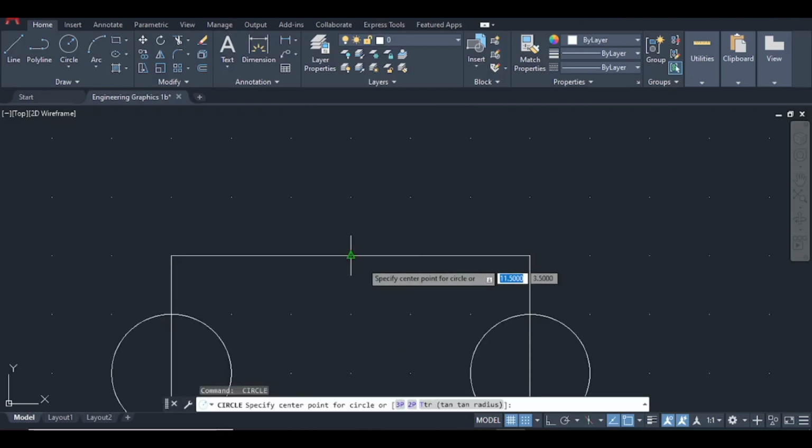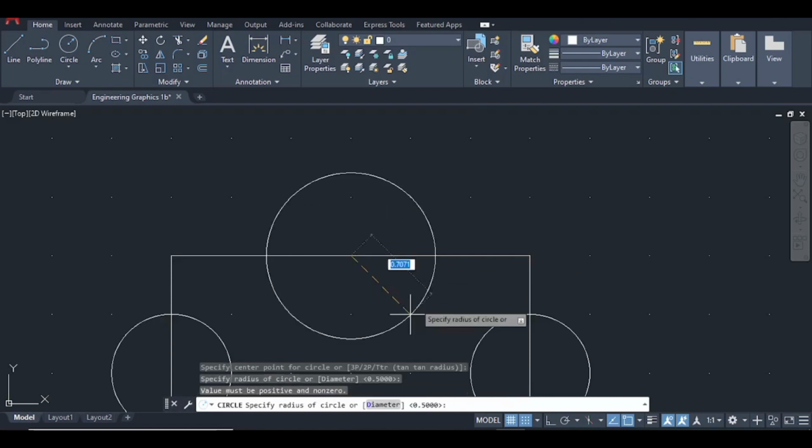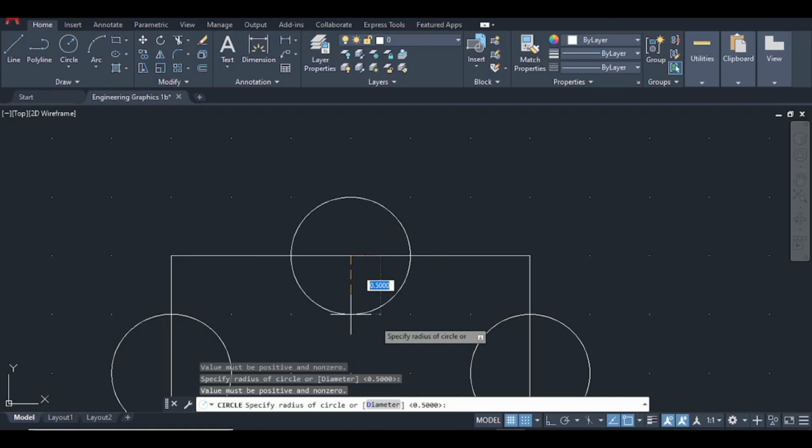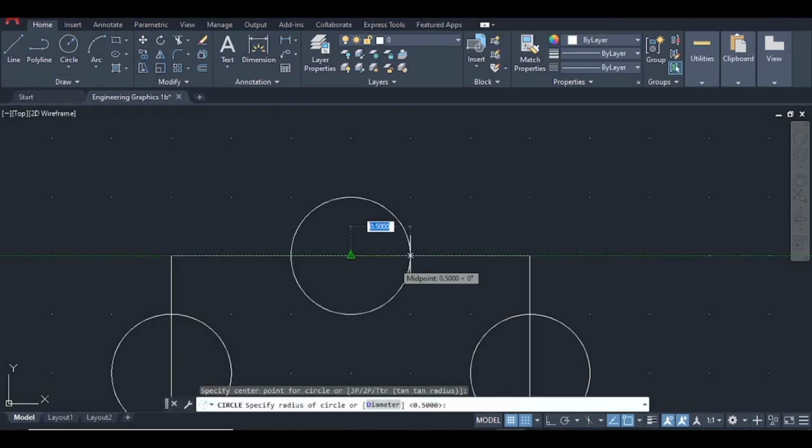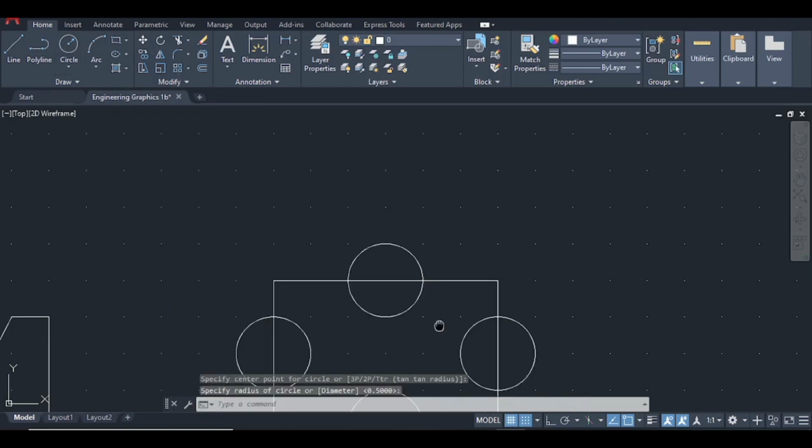Let's press spacebar to generate the circles. 0.5. It's not working. Again, midpoint, circle.